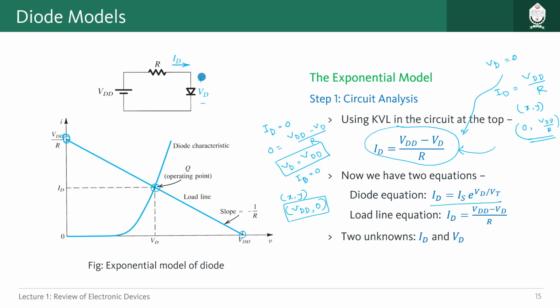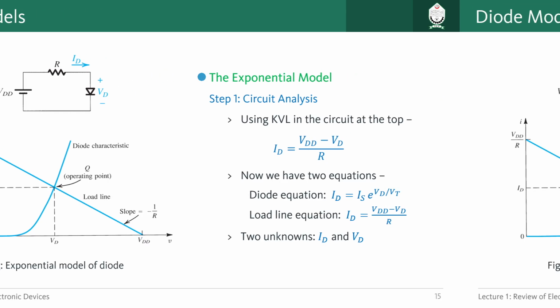In most of the cases, the logic levels we will work with are 5 volt and 0 volt, kind of like binary, right? So we do not need to be very accurate in terms of the exact value of diode voltage or current, because in most of the cases we will have two different scenarios, one for 5 volt, one for 0 volt. So that's why this model is not appropriate for our course.